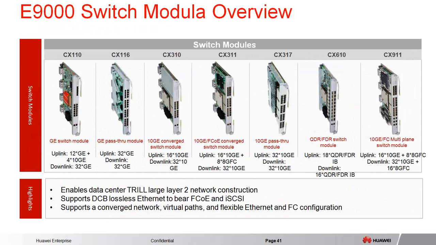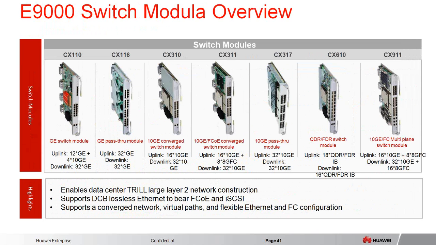As I mentioned, converged means you have the compute, the networking, and the storage. So now we talk about the switch modules that provide you the networking. You have your gigE switch modules, which provide up to 12 gigE or up to 10 gigE uplink, and a downlink of 32 gigE.